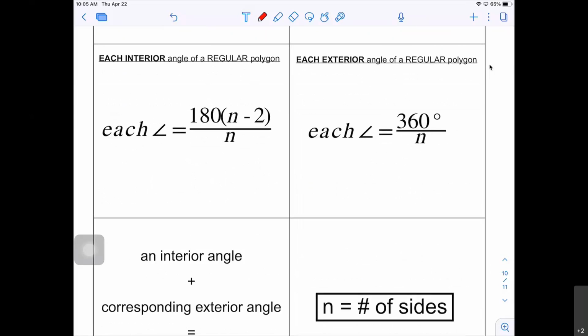That's what that formula says: 180 times n minus 2 is the sum, divided by n, divided equally amongst all the angles. We didn't talk about each exterior, but it should make some sense. Take the sum, 360, and divide it equally amongst all the exterior angles. To find each angle, it's always the sum divided by however many you have.